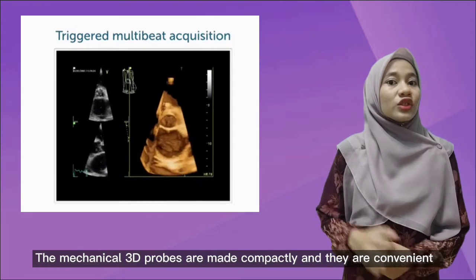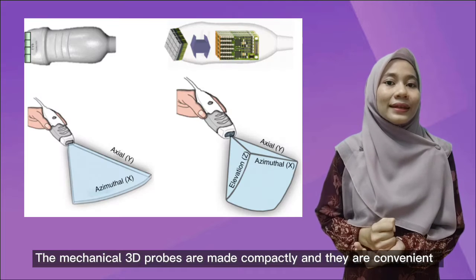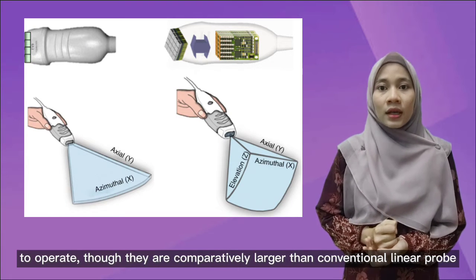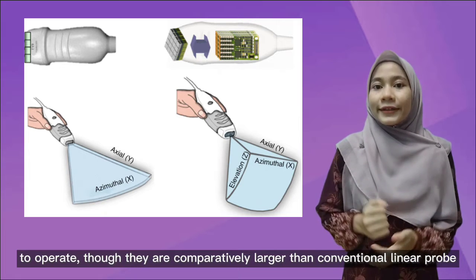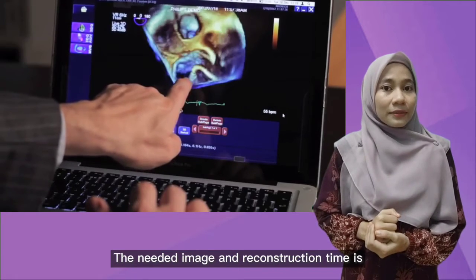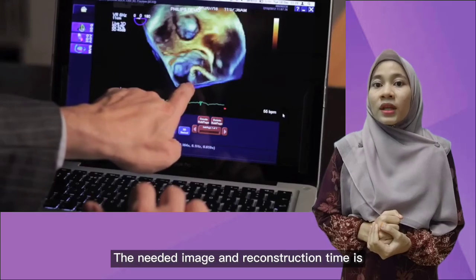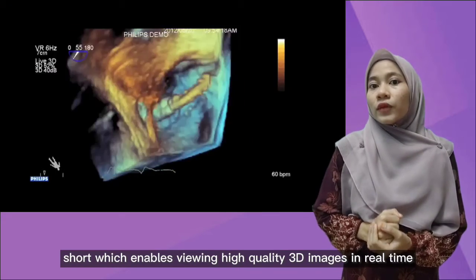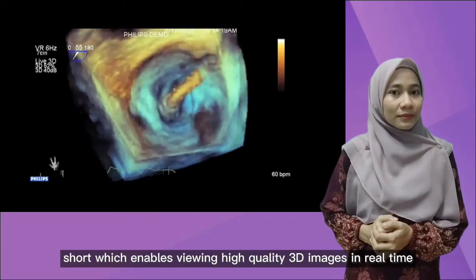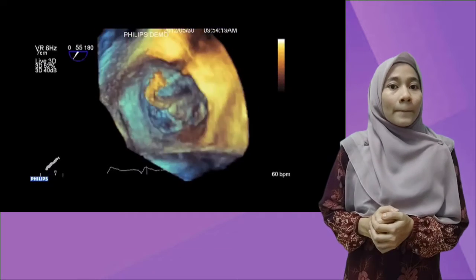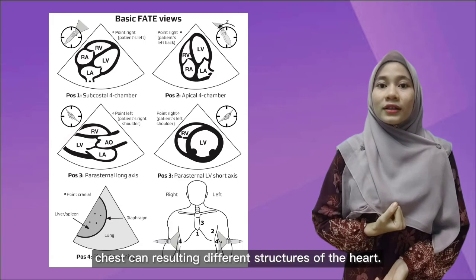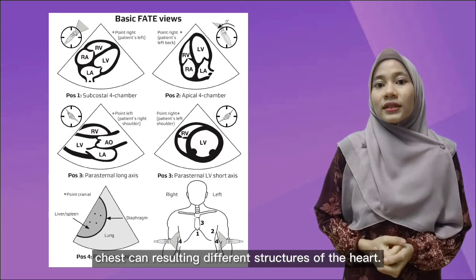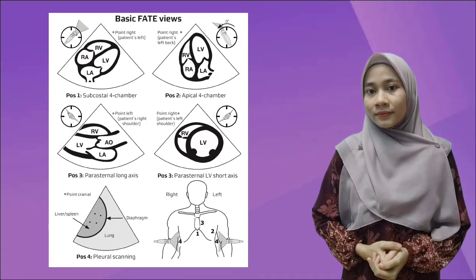The mechanical 3D probes are made compactly and are convenient to operate, though they are comparatively larger than the conventional linear probe. The needed imaging and reconstruction time is short, which enables viewing high-quality 3D images in real time. And moving the transducer to various positions on the chest can show different structures of the heart.